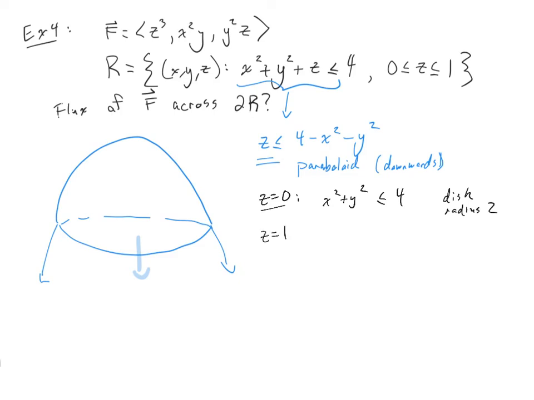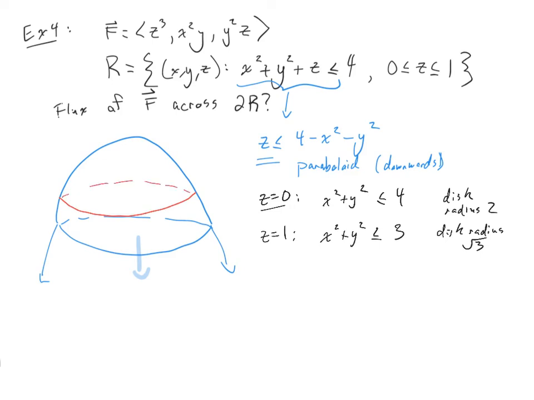And at z equals 1, at a height 1, we get x squared plus y squared less than or equal to 4 minus 1, which is 3. So disk of radius square root of 3. So what that means is, at my two heights, I've got, let me draw them in red and yellow.